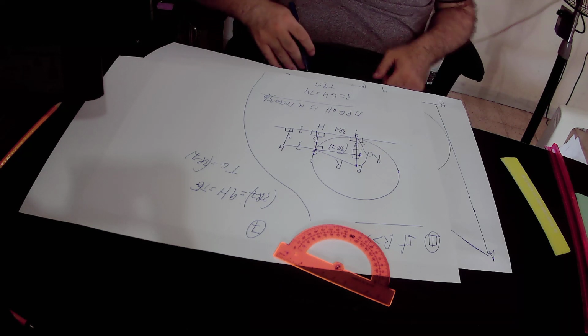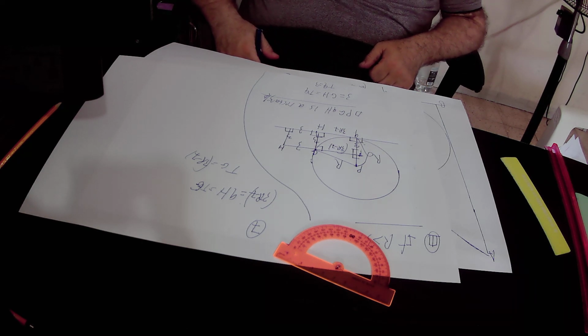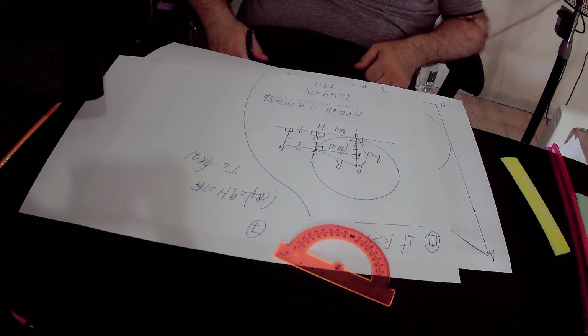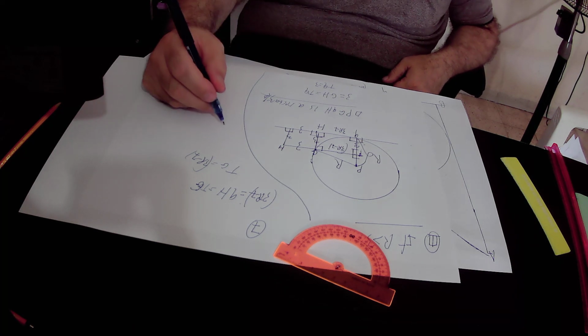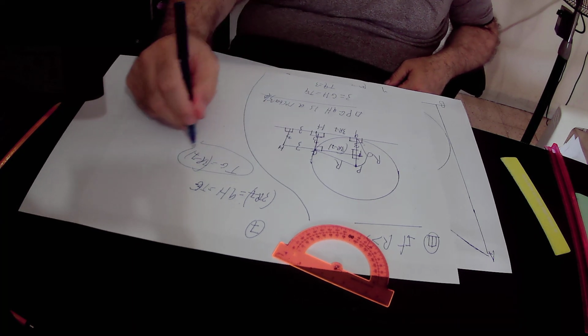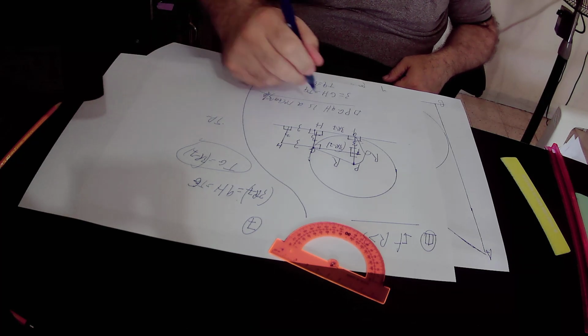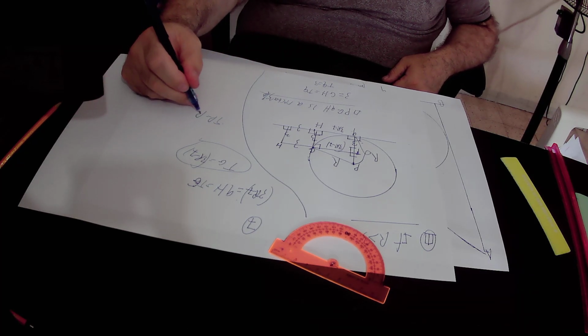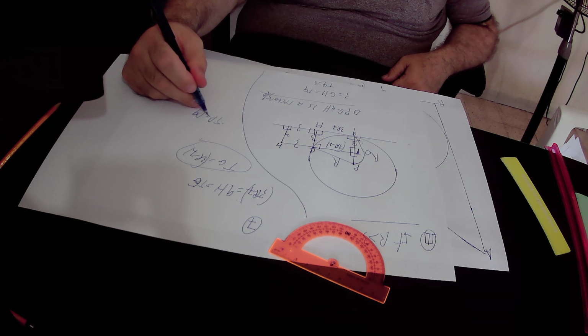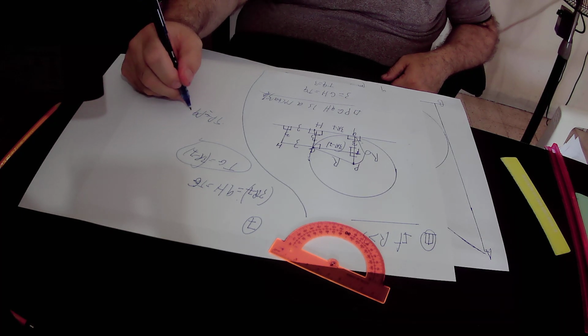And what is the value of TP? It is very easy to see from the drawing that TP is equal to PQ minus TQ.